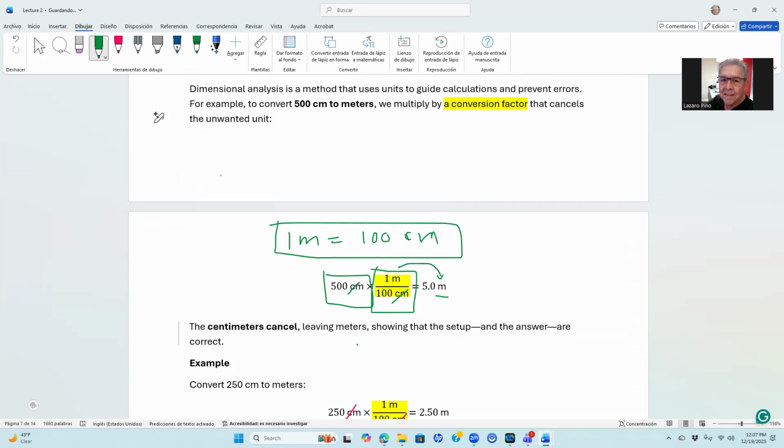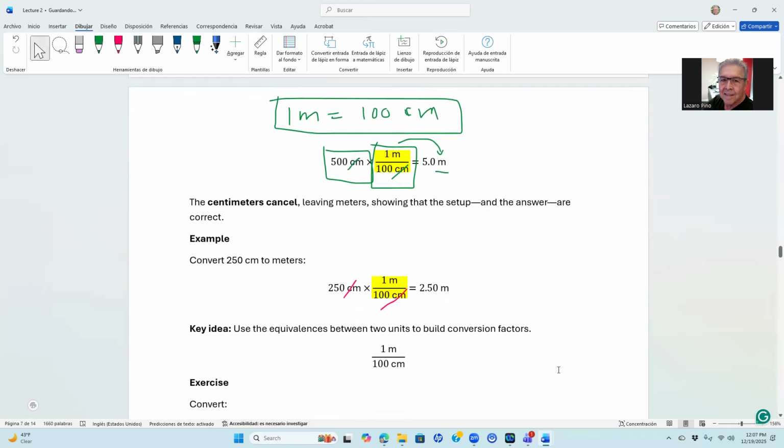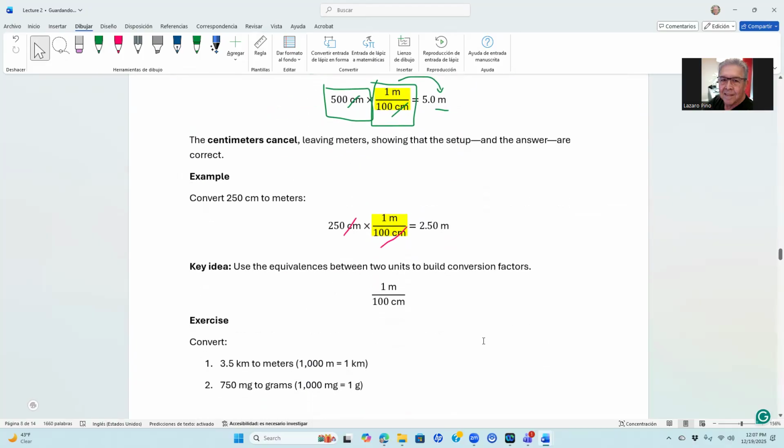Let's continue with the following example. For example, you need to go from centimeter to meter, and in the same way, you do this operation and you have the answer. The key idea is to use equivalences between two known units to build conversion factors.